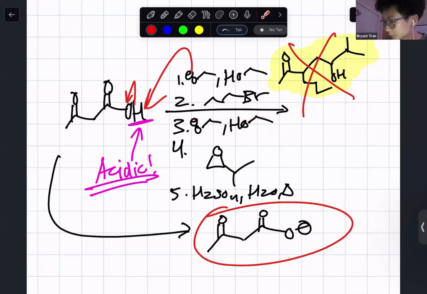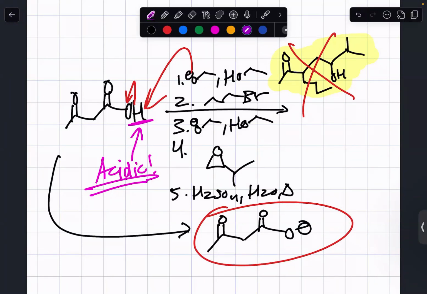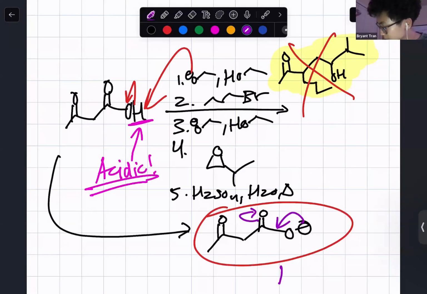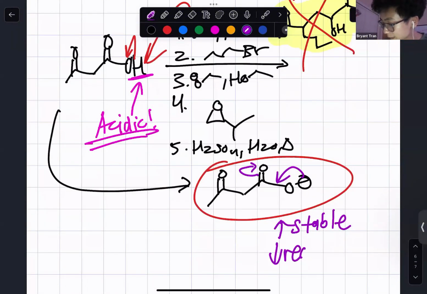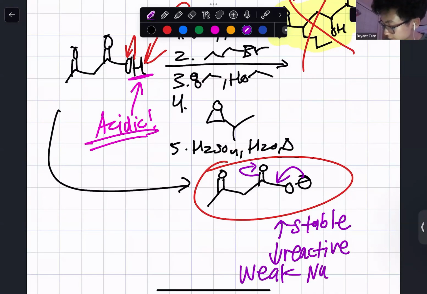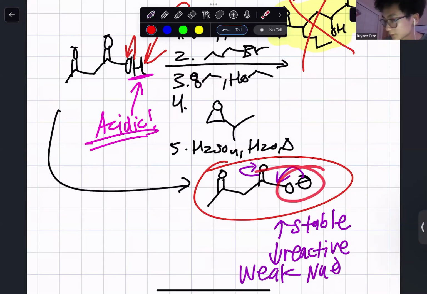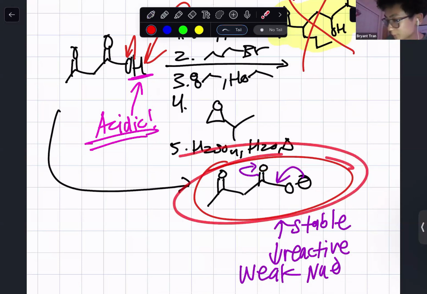What can it do with this carbonyl here? Resonance, which makes it more stable. And because it's more stable, it's less reactive, aka weak nucleophile. So this O- here is a weak nucleophile. No reaction when we put in an electrophile to there. So this is going to be our final answer there.